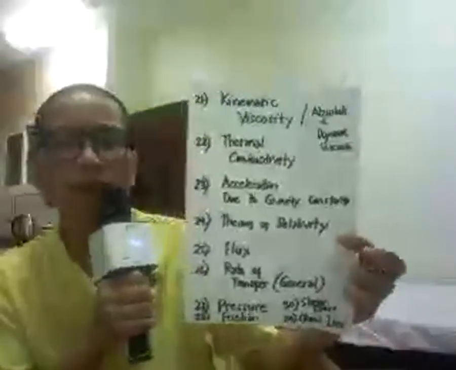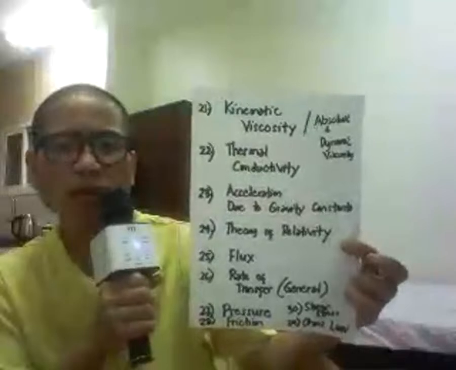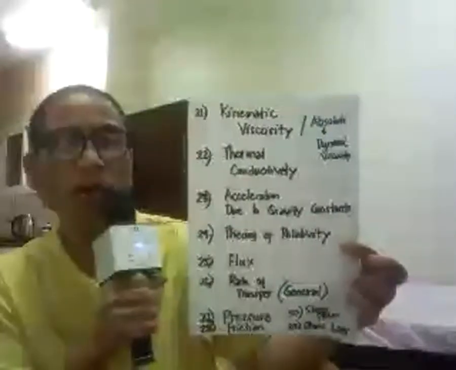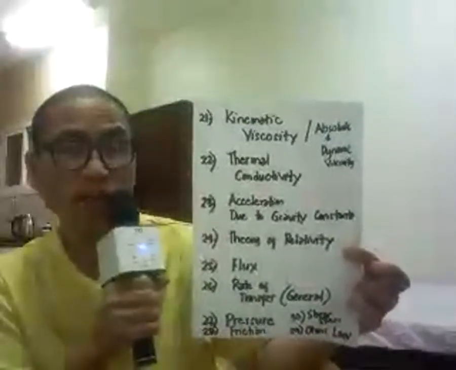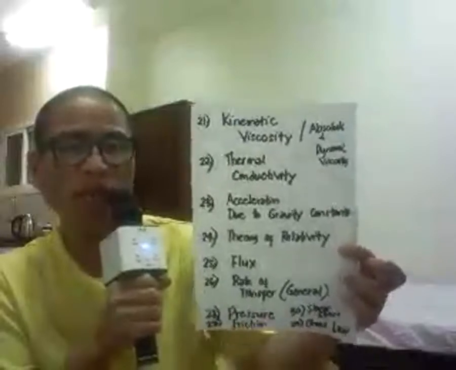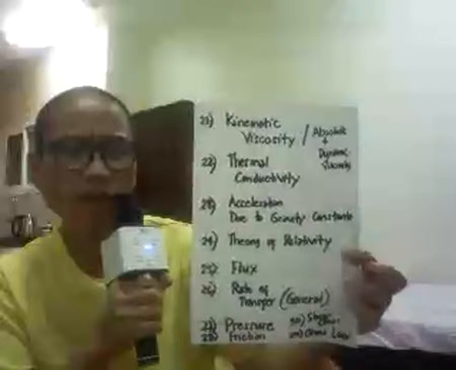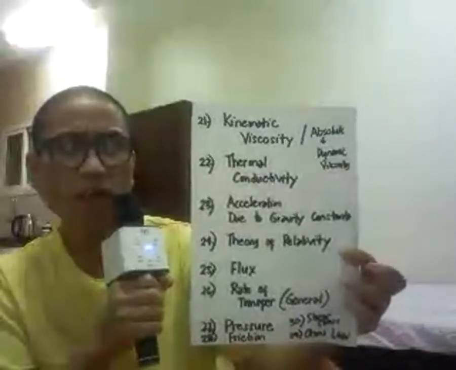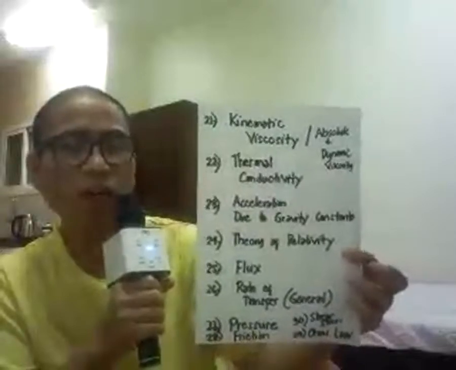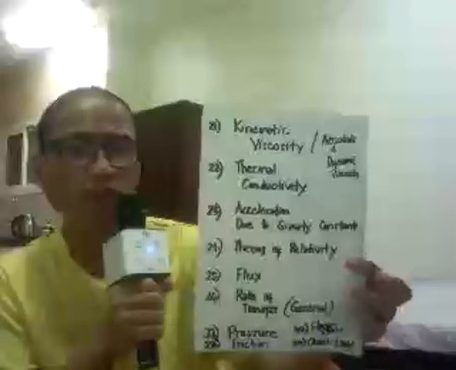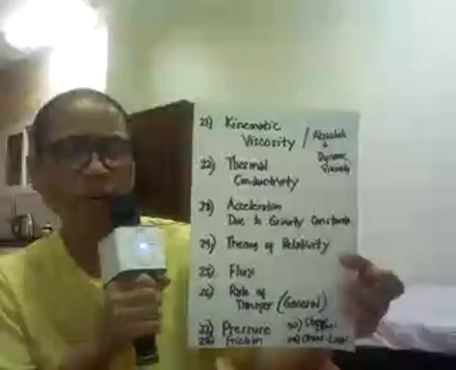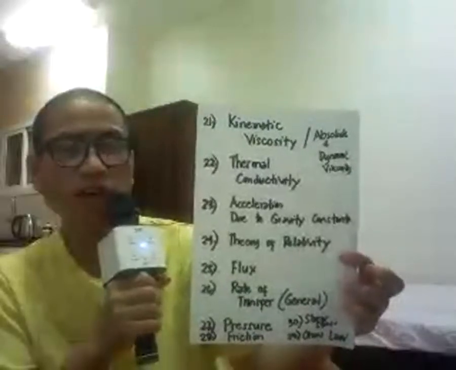So every science problem, whether it be chemistry, physics, or even higher science subjects, especially if you're taking up a Bachelor of Science related to pure sciences, for example BS Physics, BS Chemistry, BS Chemical Engineering, or a Master's in Chemistry, or Master of Education major in Science, will use these.